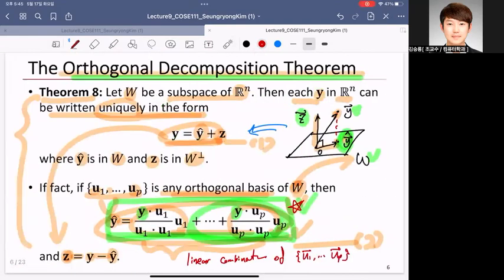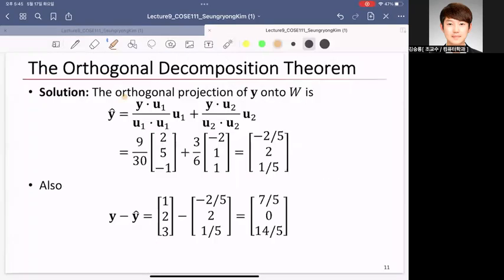So first of all, the orthogonal projection of y onto W, y hat, is equal to y inner product u1 over u1 inner product u1 times u1, plus y inner product u2 over u2 inner product u2 times u2, by definition of the orthogonal decomposition theorem. Because we already know y, u1 and u2, let's solve this one.